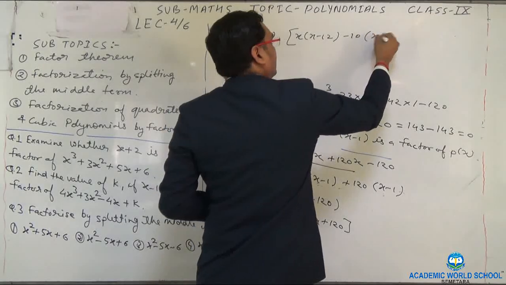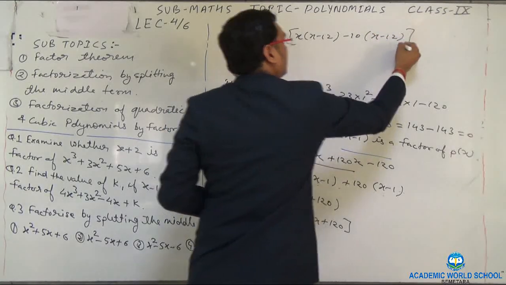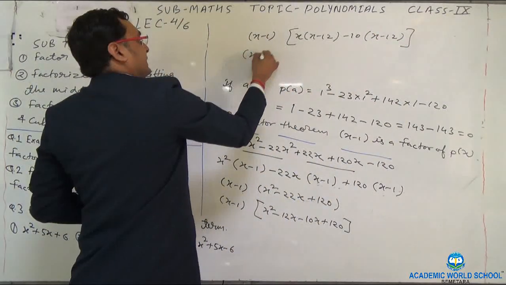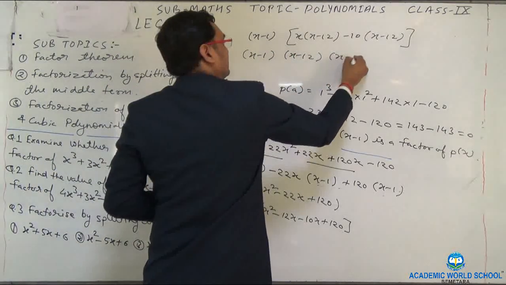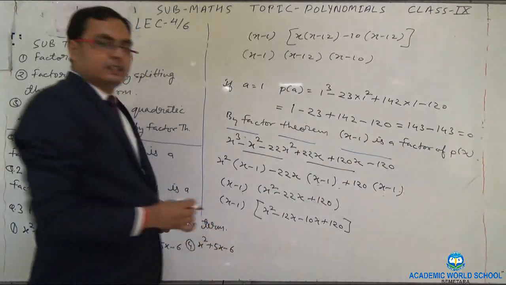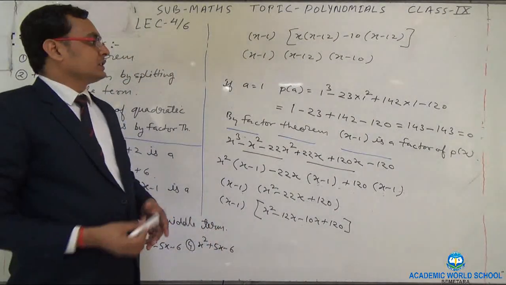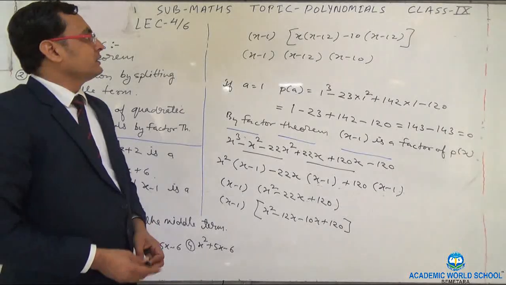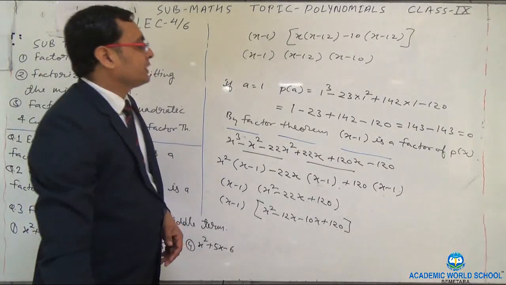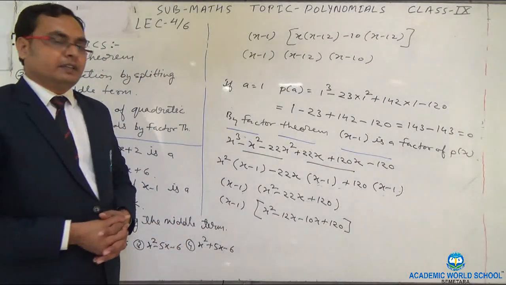So x minus 1 into x minus 12 and x minus 10. These are the three factors of this cubic polynomial. So this is the factorization of a cubic polynomial with the help of the factor theorem.